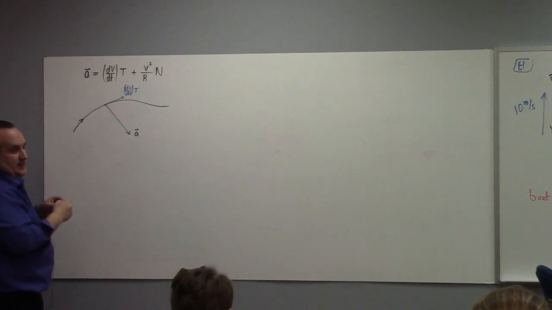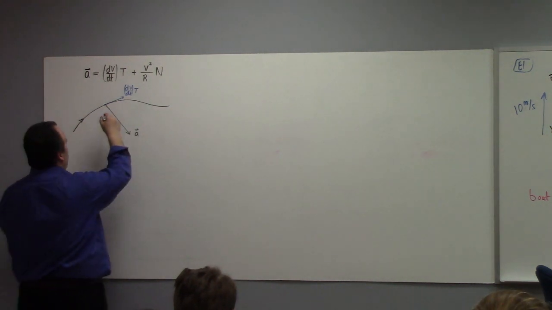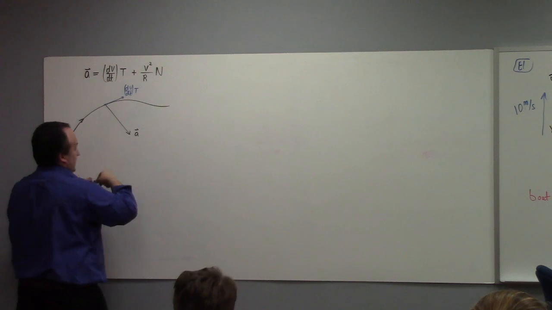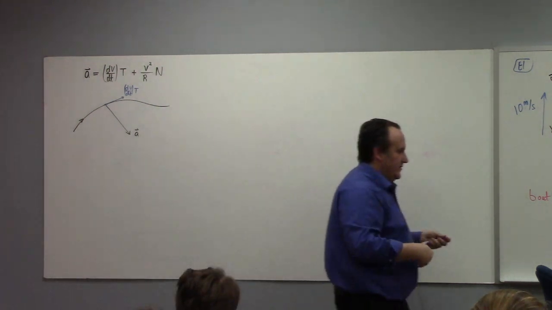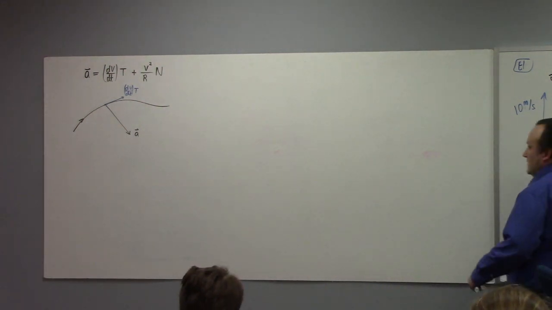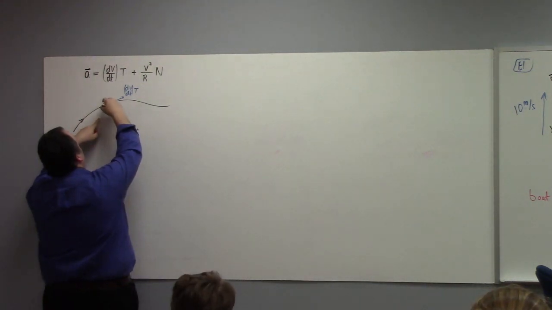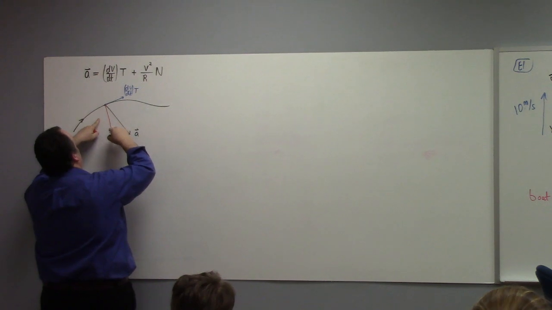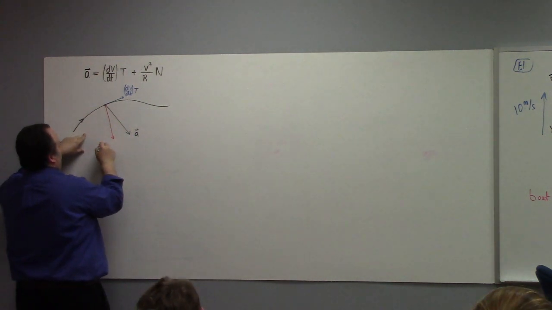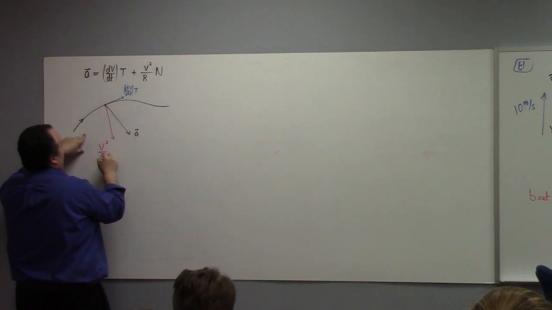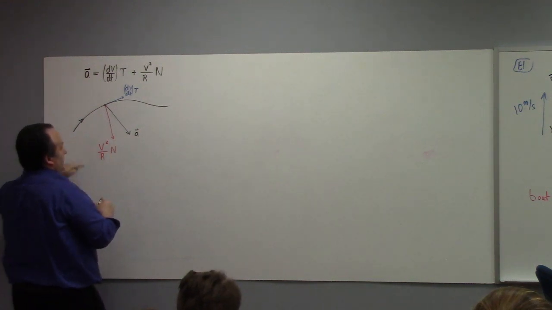But there's also a centripetal component to the acceleration, which looks like this. That would be v squared over r times n.